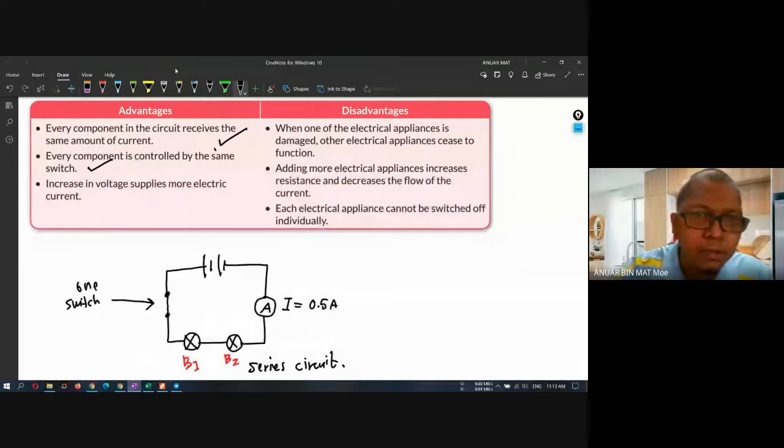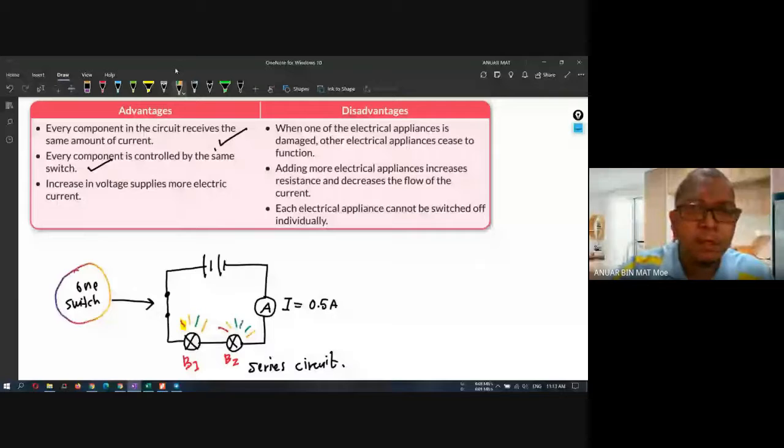If I turn on the switch, both bulbs will be lit. Yes, correct. Both bulbs will be lit when I turn on the switch. By using only one switch, I can control all the components, all the devices here, for example the bulbs. The first bulb, B1, and the second bulb, B2, I can control by only one switch.